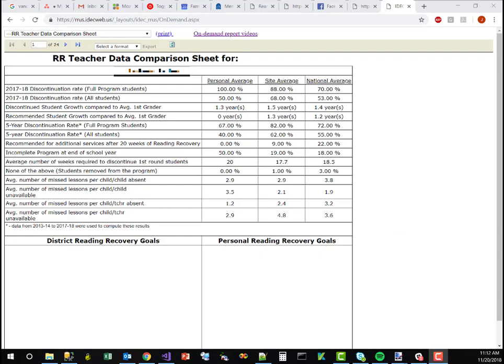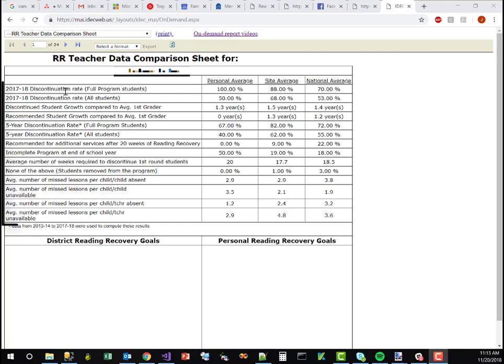So I'm going to interrupt Amy and Beth once again here just to quickly describe the teacher data comparison sheet that they were talking about. There's a sample here on my screen, and this is another on-demand report that you can see on our website. Essentially, our website makes one sheet for each of your teachers, and it compares some statistics.